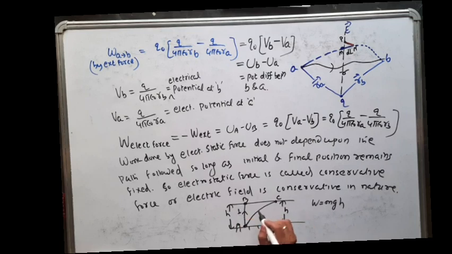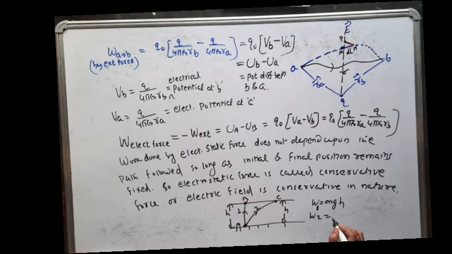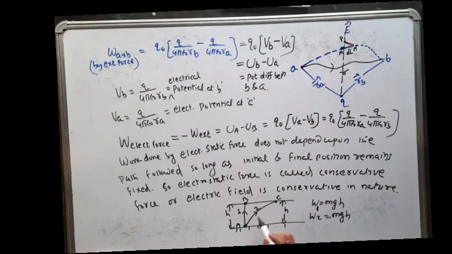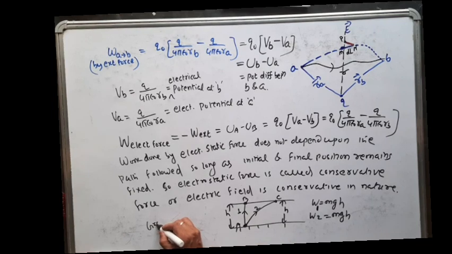Suppose this is path 1, this is path 2. So work done in path 1 is equal to mgh, and work done if the body is taken from A point to C point along path number 2, again the work done will be mgh. So work done does not depend upon the path followed in presence of gravitational field. So gravitational field is also conservative in nature.